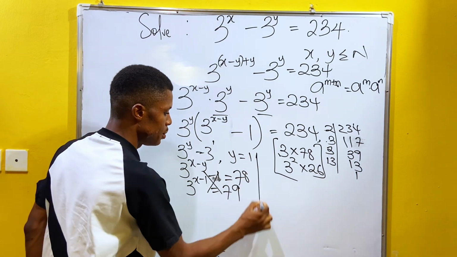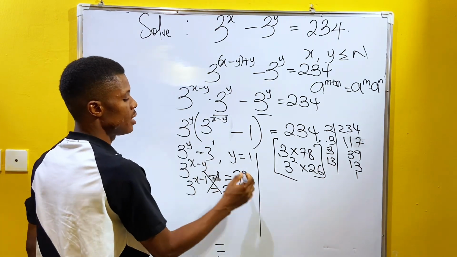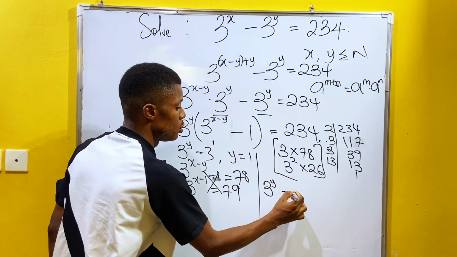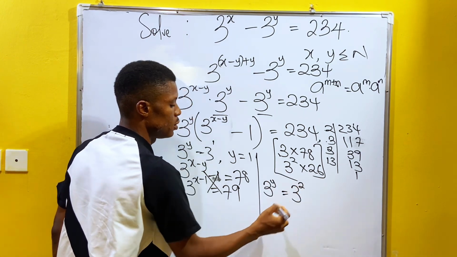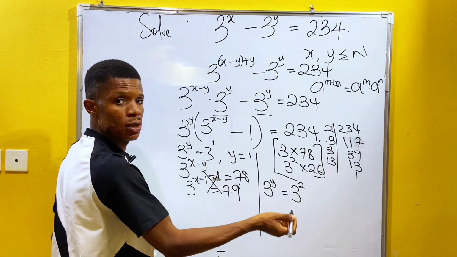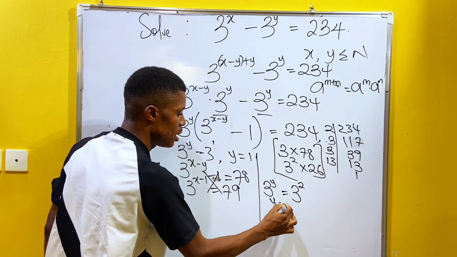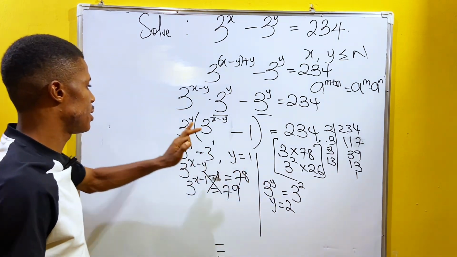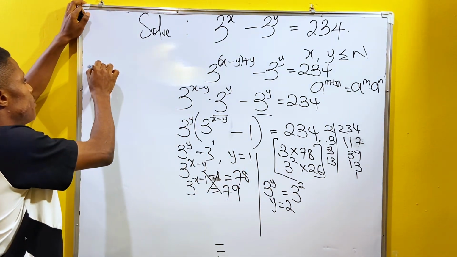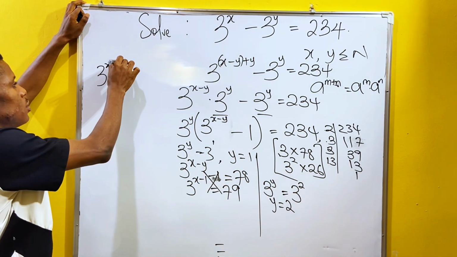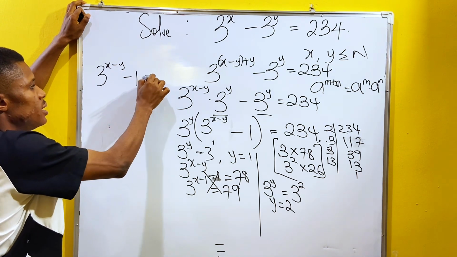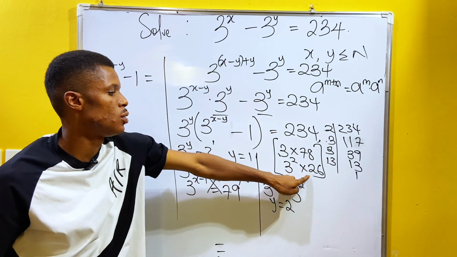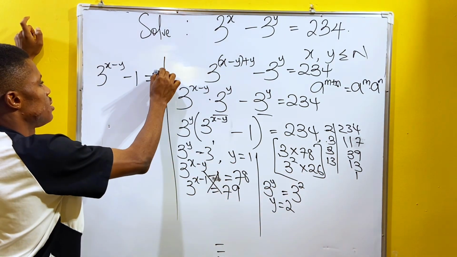Now 3 to the power of y will be equated to 3 to the power of 2. The bases are equal, so you just equate the powers, showing that y is 2. Then for the value of x, you have 3 to the power of x minus y, minus 1, is equal to 26.